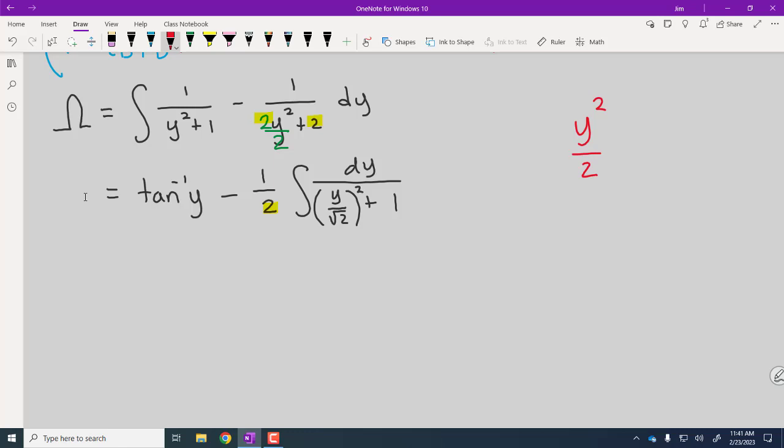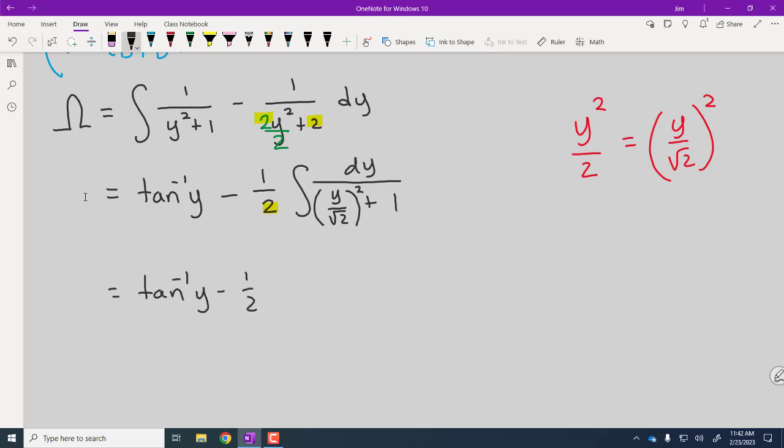And we want to write it as a quantity squared. Right? That's always our goal, is to write it as a sum of squares or a difference of squares. And this is y divided by square root of 2, quantity squared. The 2 distributes to the y, giving y squared. The 2 distributes to the root 2, giving 2. So that's the trick. That's certainly a little bit tricky, not obvious. But once you see it, it should make sense.